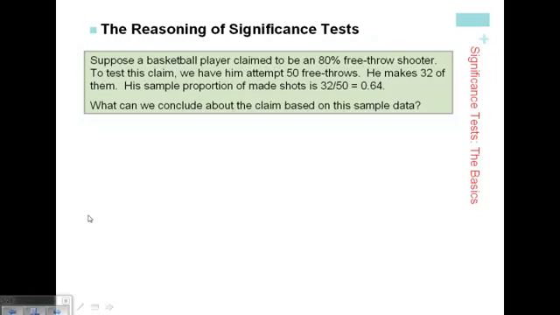So here's a claim and response. Let's say someone claims that they're an 80% free throw shooter. Someone says, I'm an 80% free throw shooter, and what do you say? I don't believe you.